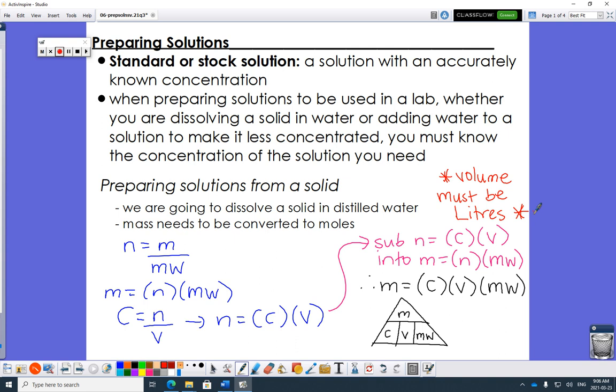And so this you already know, molecular weight, where do we find that, or molar mass? The periodic table. Mass has to be in grams. All the same principles from unit 3 still apply. And then this, of course, is from yesterday, moles per liter, okay?